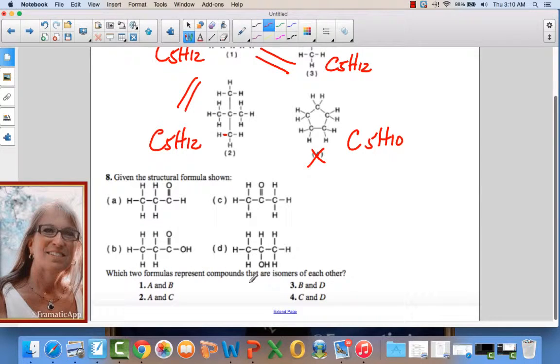Alright, which two formulas represent compounds that are isomers? 3 C's, H6, O. 3 C's, H6, O. But this has a double bond. This has a double bond. Okay. 3 C's, H6.